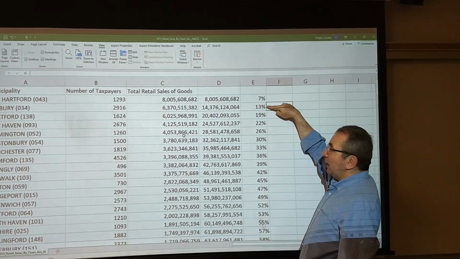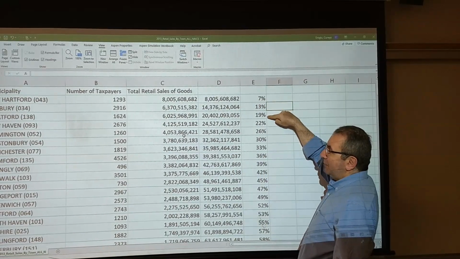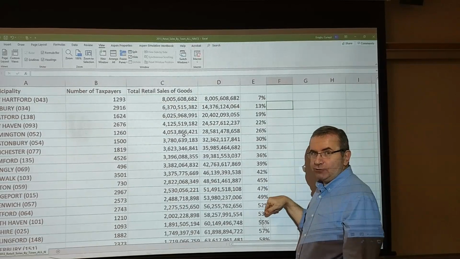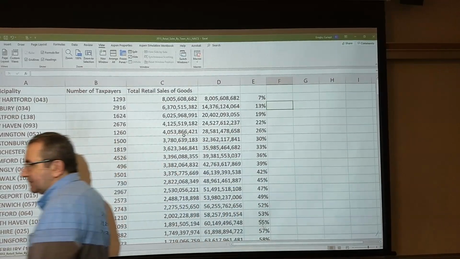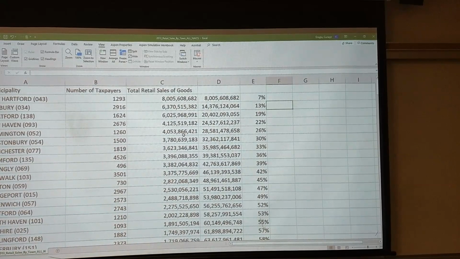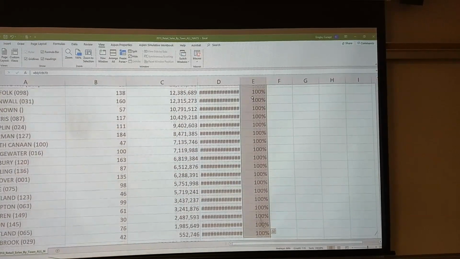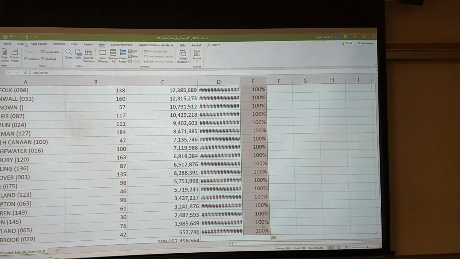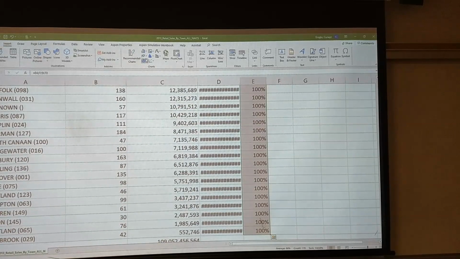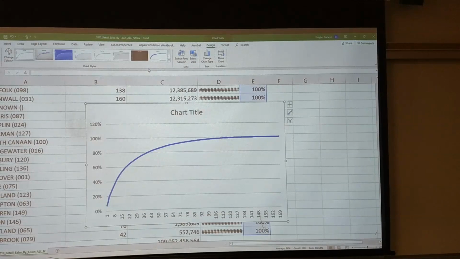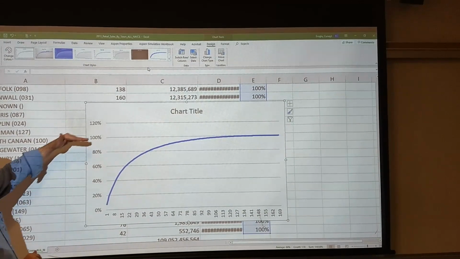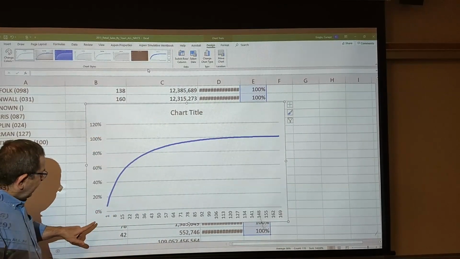The first two account for 13. The first 3 account for 19, etc. It grows like this, and so I can select this and go to insert line graph. As you can see, this is 100%.